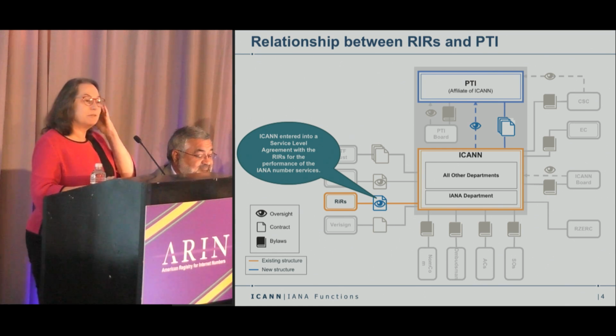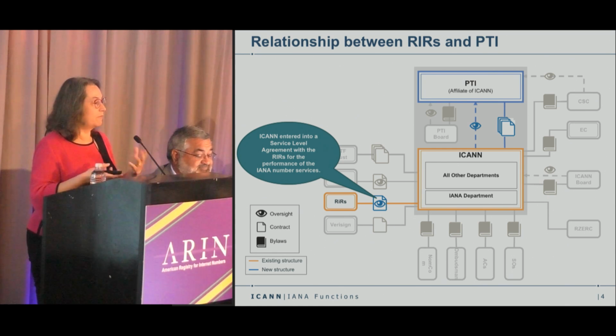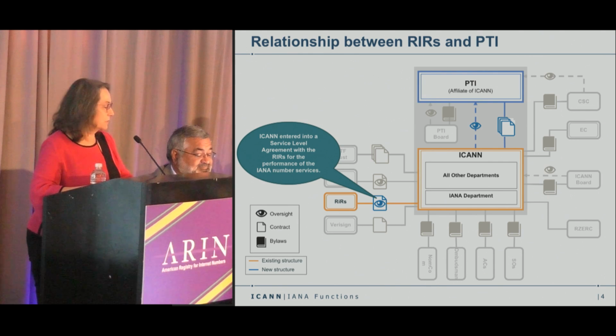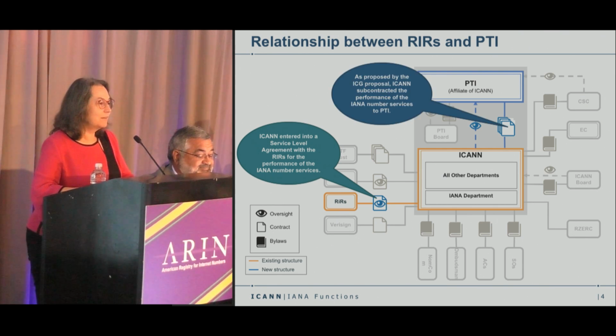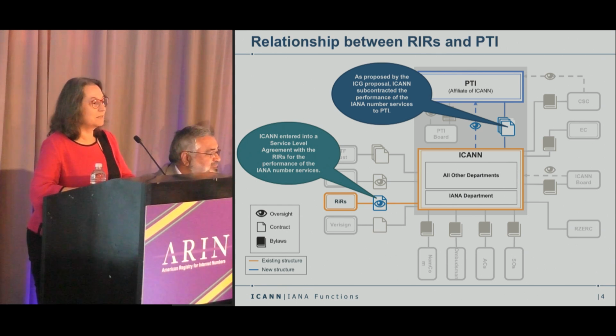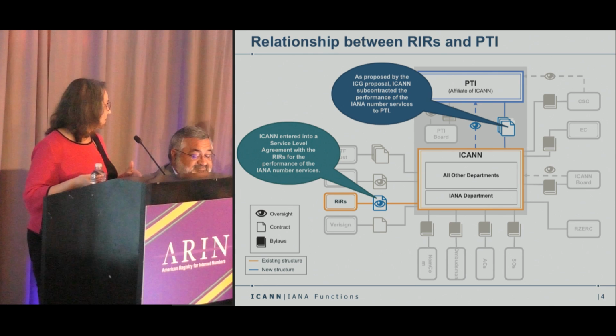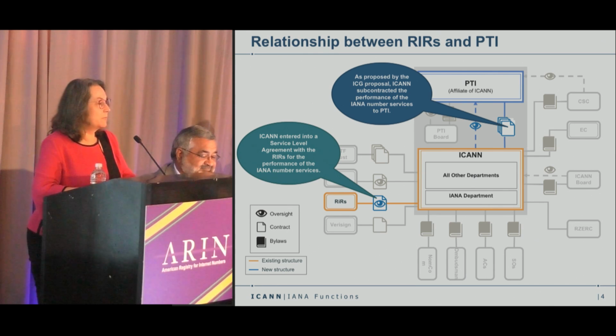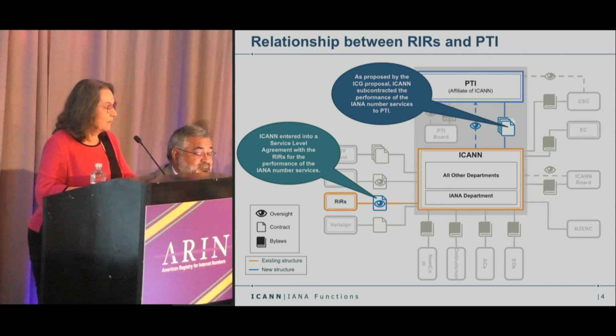Joran mentioned that briefly when he was speaking about how now we have a formal agreement between us, and that's for the performance of the service that the IANA department does for you all. Then ICANN entered into a sub-agreement with PTI, because now PTI is a legal entity, an affiliate, and they're performing the IANA functions. So ICANN has the relationship with the RIRs, and then ICANN has a contract with PTI.